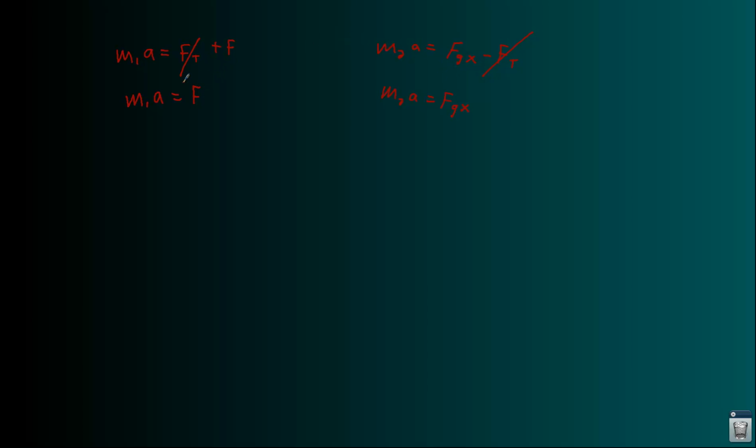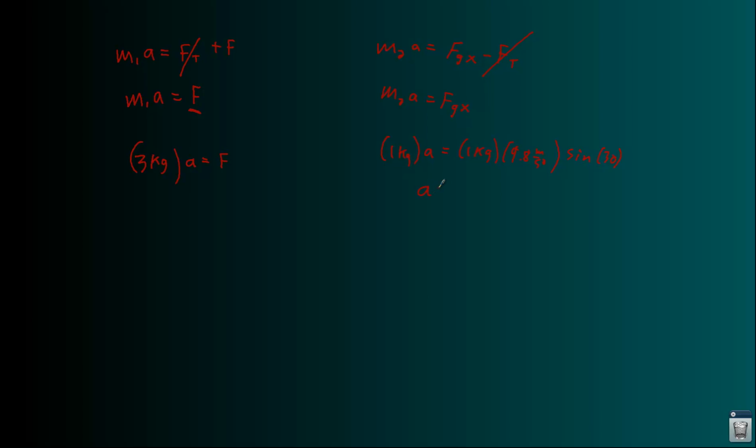And what are we looking for? We're looking for this force, the largest force. We know m1 is 3 kilograms. We don't know a yet, and we don't know F. Over here we know m2 is 1 kilogram. We don't know a yet. And we know Fgx is 1 kilogram times 9.8 meters per second squared times sine 30.